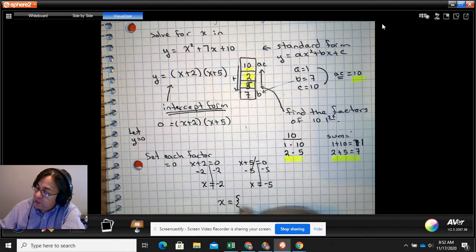And here I'm going to use my set notation and say that x is -2 and also -5.